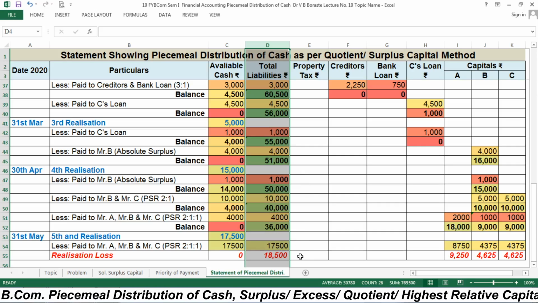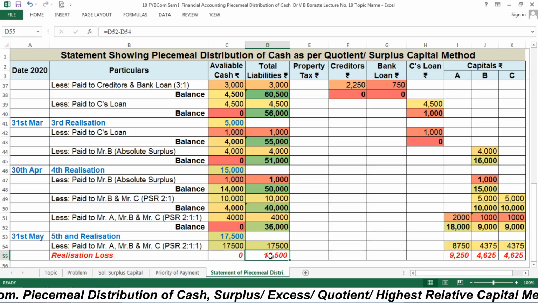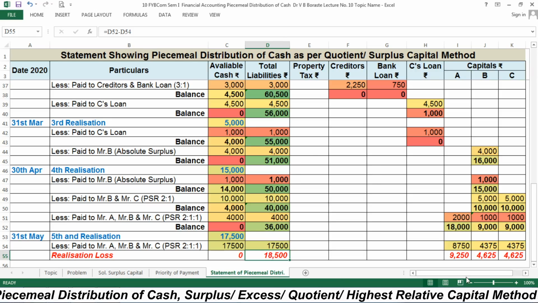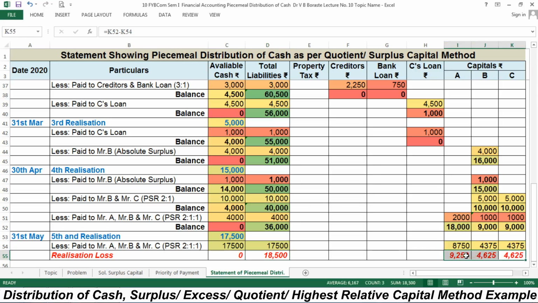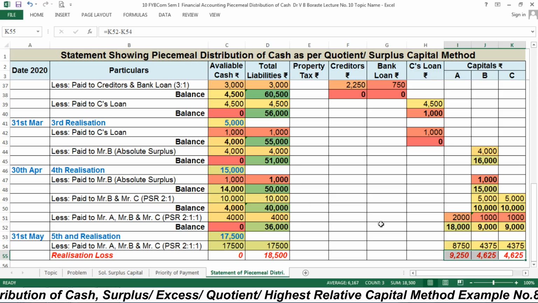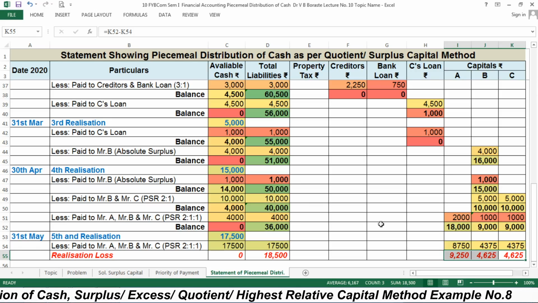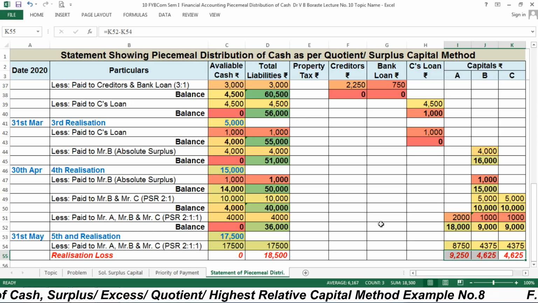Here you have to pay 18,500. That means this is unpaid liability, and you can calculate the total of these three columns, that is Mr. A's unpaid capital, Mr. B's unpaid capital, and Mr. C's unpaid capital.